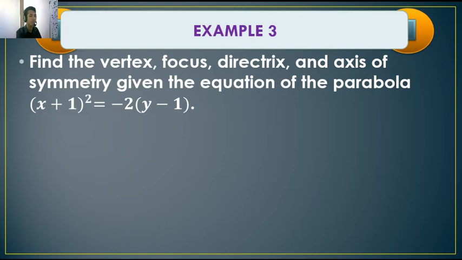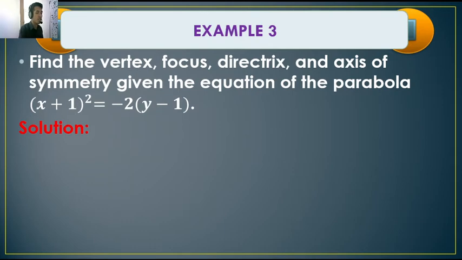This time, we have the vertex at negative 1 and 1. But we need to determine first the orientation of this graph. What will be the orientation of the graph?